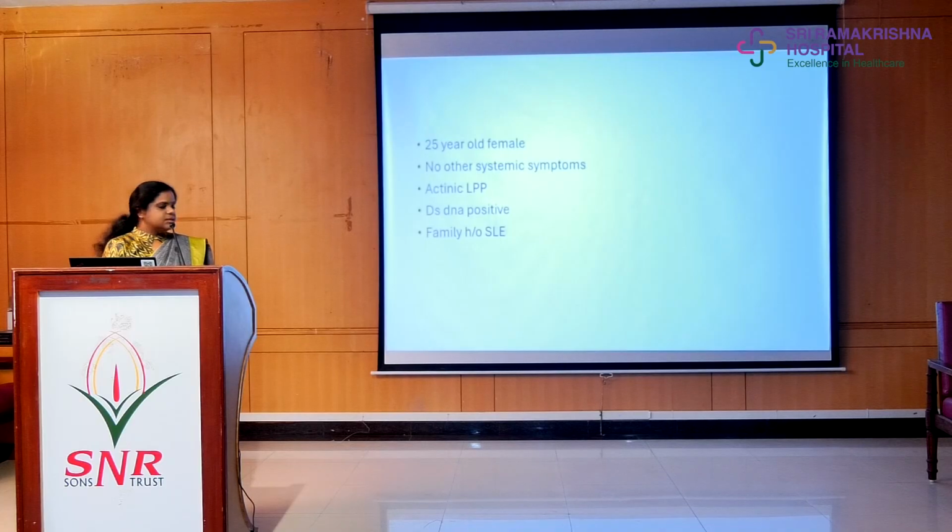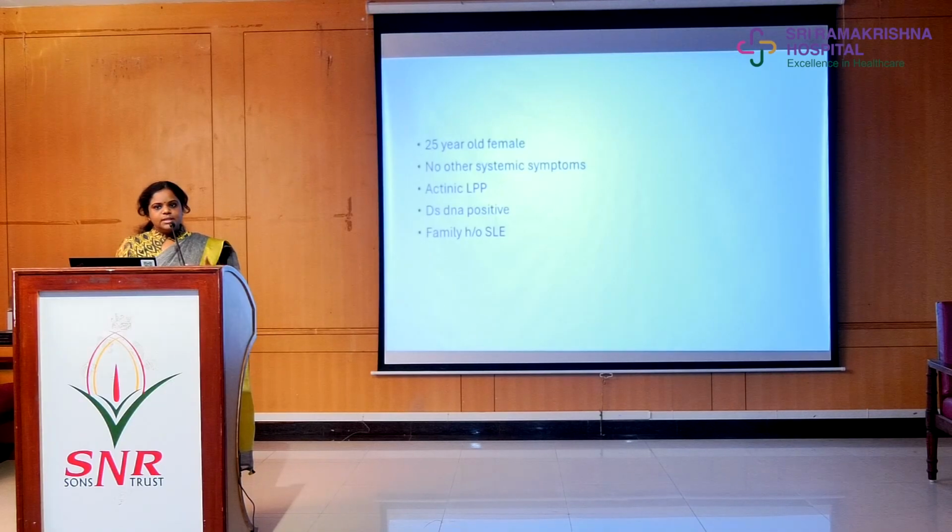This is lichen planus pigmentosus. There are different types of lichen planus, and one type is lichen planus pigmentosus, which presents as violaceous patches. It can be actinic or non-actinic. Actinic means the pigmentation increases with sun exposure and is present in sun-exposed areas, so this is actinic lichen planus pigmentosus.